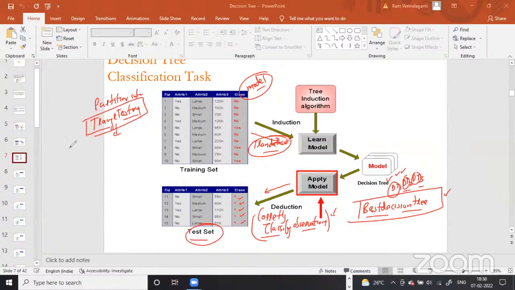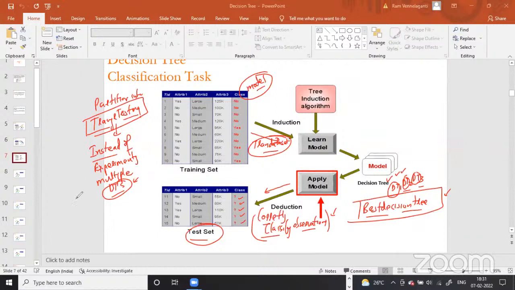So instead of experimenting with multiple decision trees like this, can I use some statistical methods and find out what is the root node for my decision tree? What is the most important feature which can help us construct the decision tree and classify our observations?